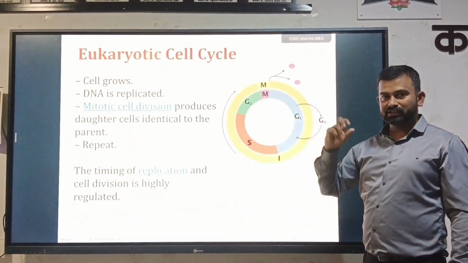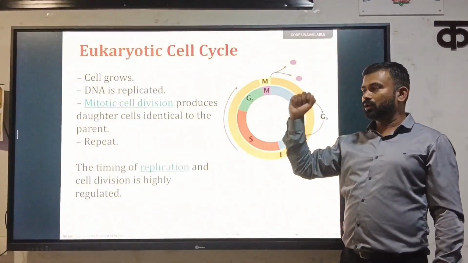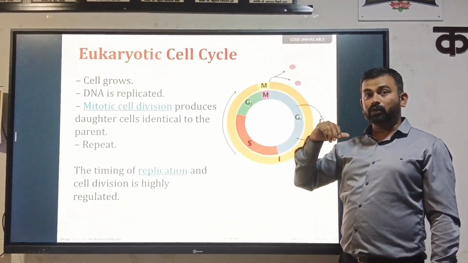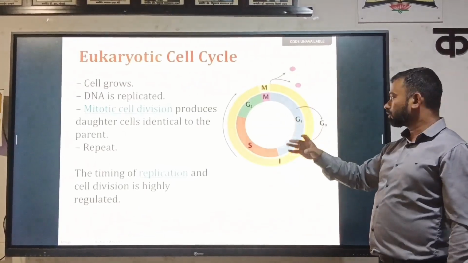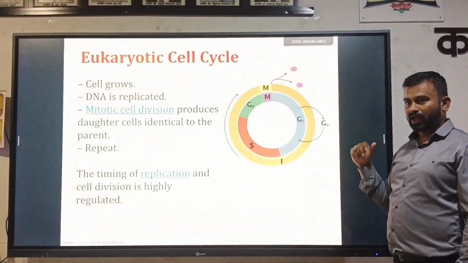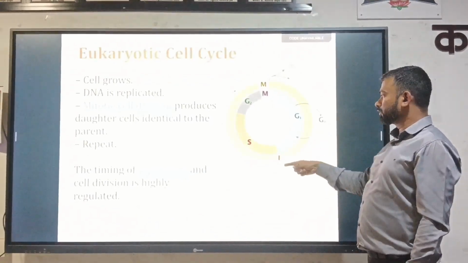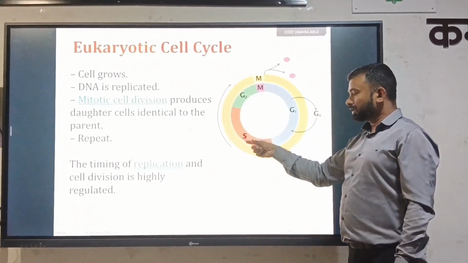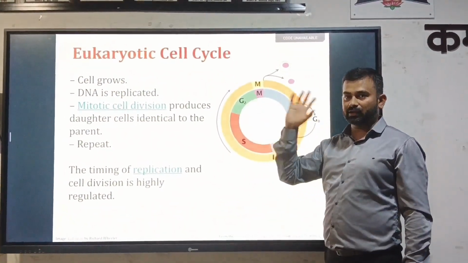For example, enzymes, different kinds of molecules, and elements like magnesium ions to catalyze that reaction. Those requirements are fulfilled in the G1 phase. If all the requirements are fulfilled, then and only then will the cell go into the next phase, known as the S phase. S stands for synthesis phase, which synthesizes the DNA.